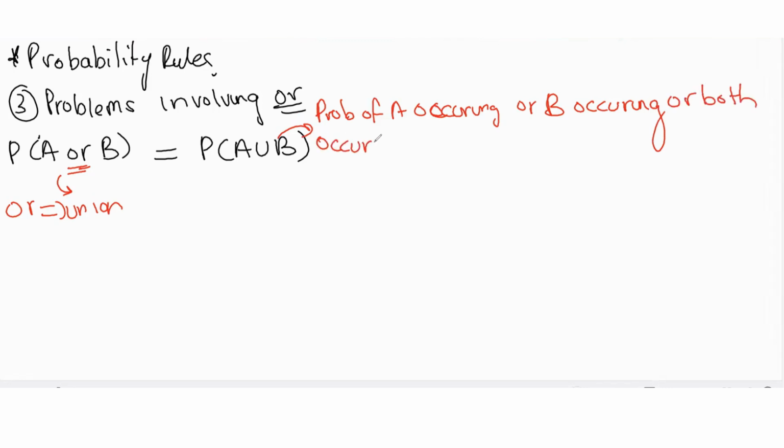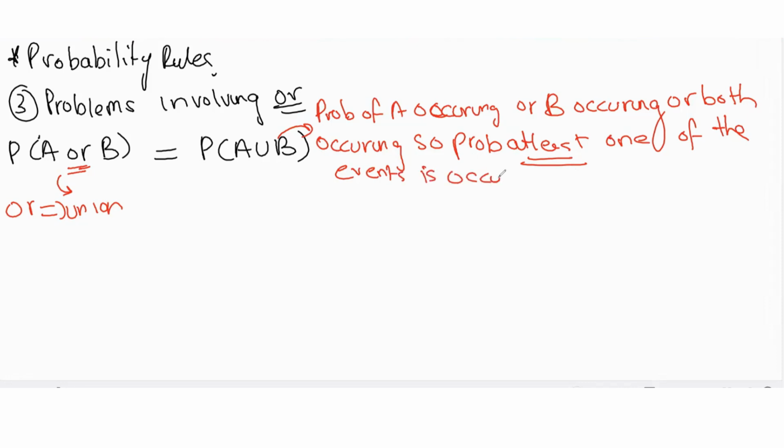So this is the probability that at least one of the events is occurring. Whenever we're looking at probability of A or B, this is the probability of A union B, which is the probability that A occurs, B occurs, or both occur. So probability at least one of the events is occurring.